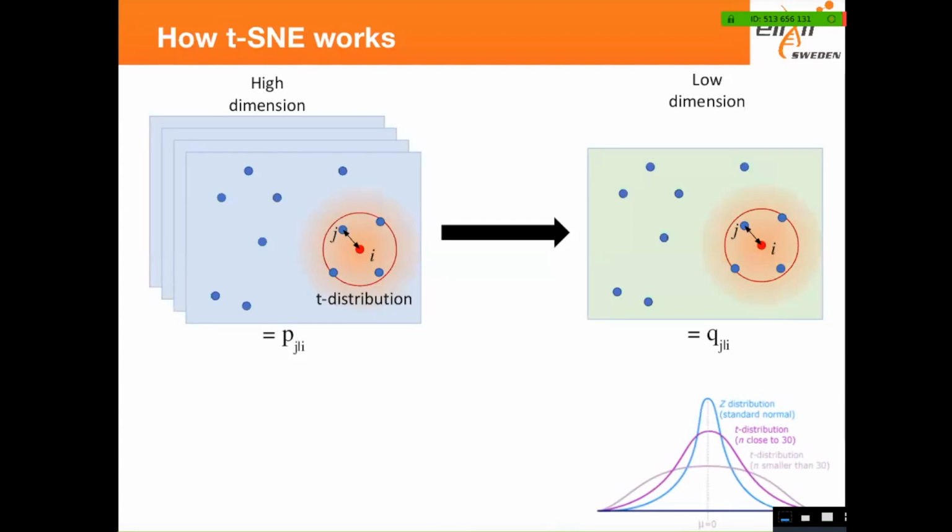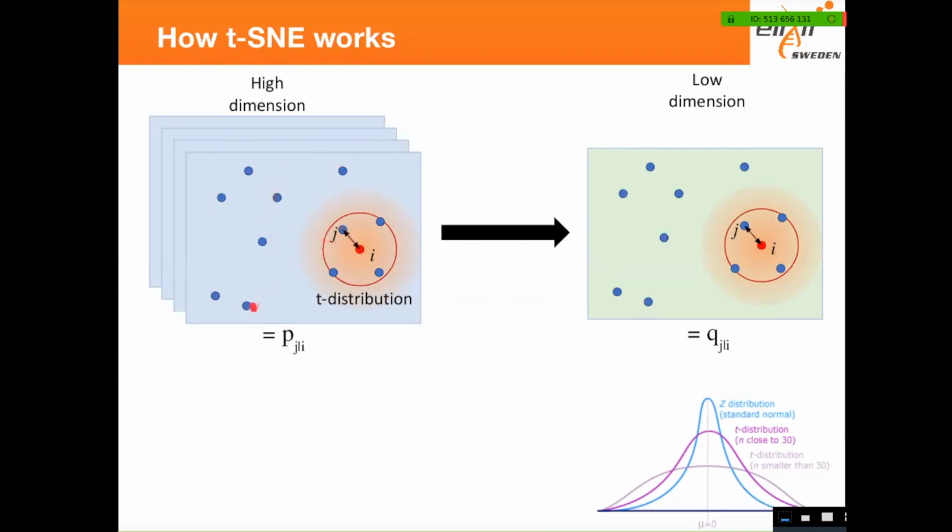So how does it do that? How do you make sure that the space that you reduce your dimension to is equal to the multidimensional space of 20,000 genes that you have? So one of the ways to do that, for example, imagine that you have this multidimensional space and you have different samples here, and you want this layout to be also represented in a low dimensional space. So it uses, for example, a t-distribution around this center here to estimate the distance.